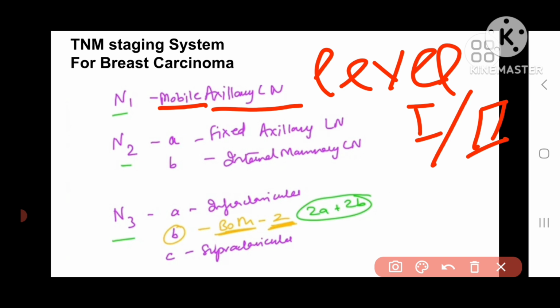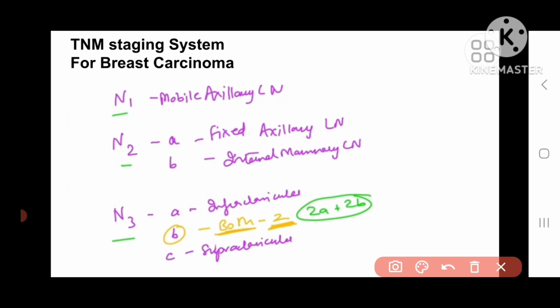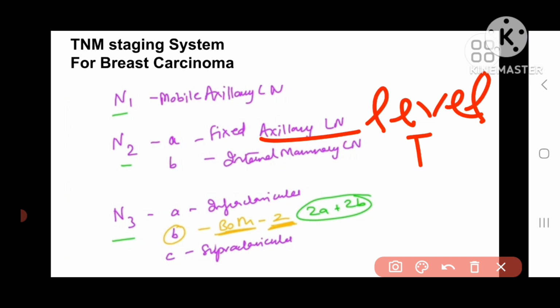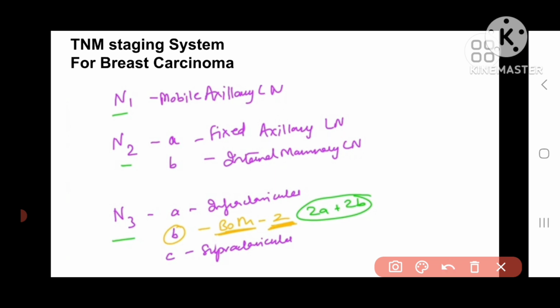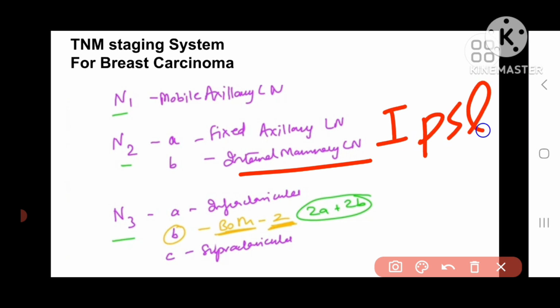And N2a means metastasis to axillary lymph nodes, again level 1 and level 2, but fixed to each other and to other structures. And N2b means metastasis to ipsilateral internal mammary lymph nodes. So this is N2b.